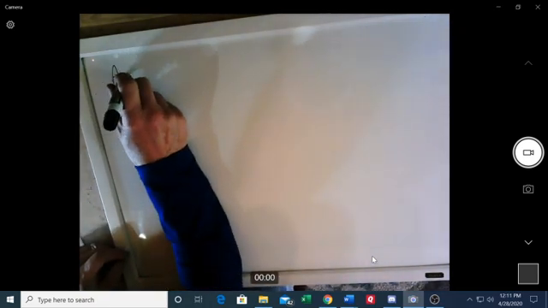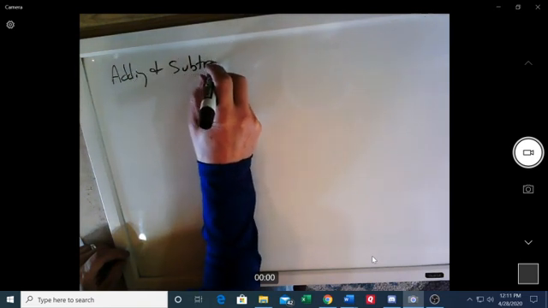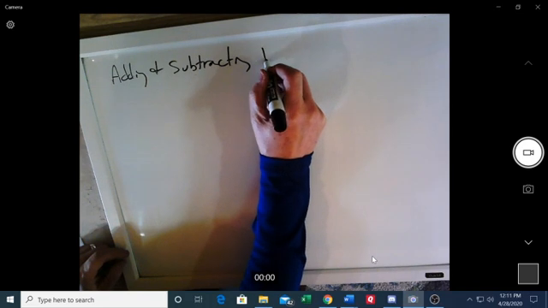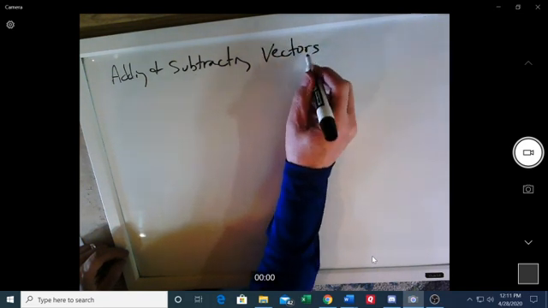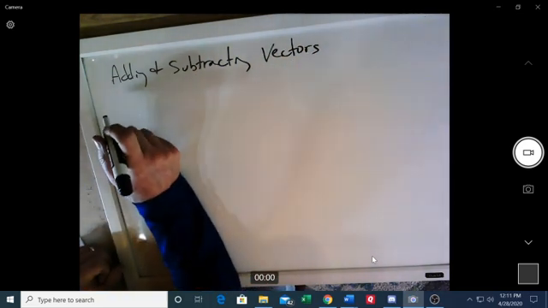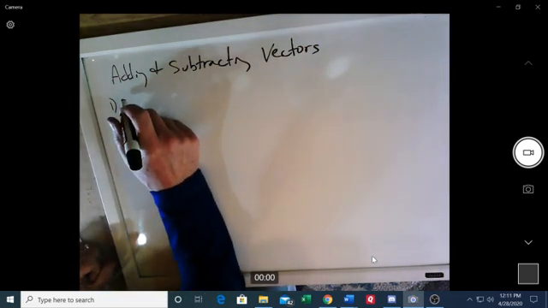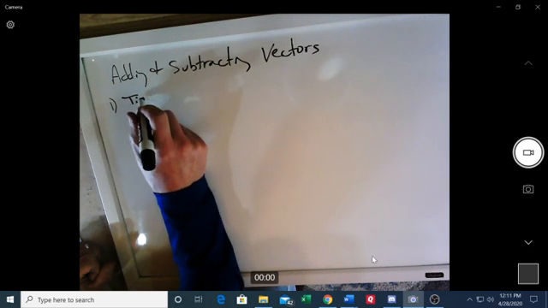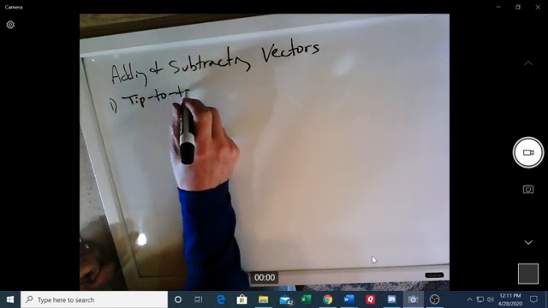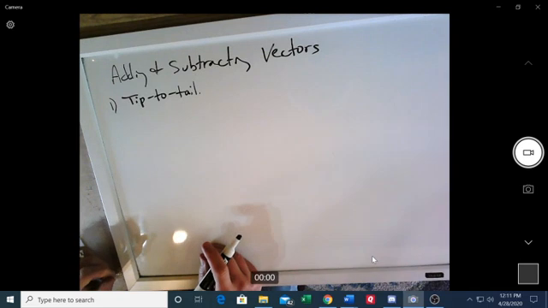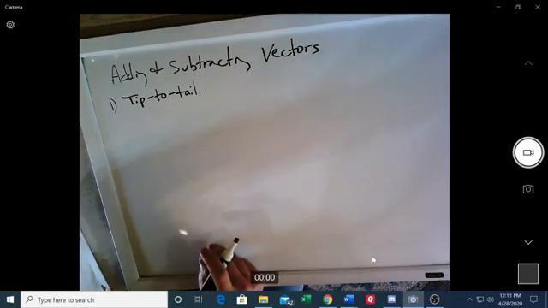There are a couple ways. One is what we call tip to tail.